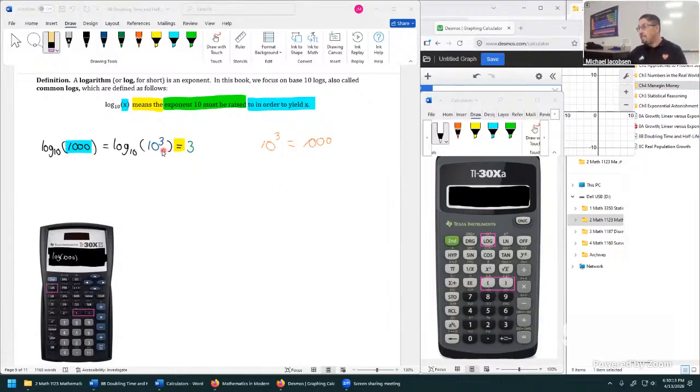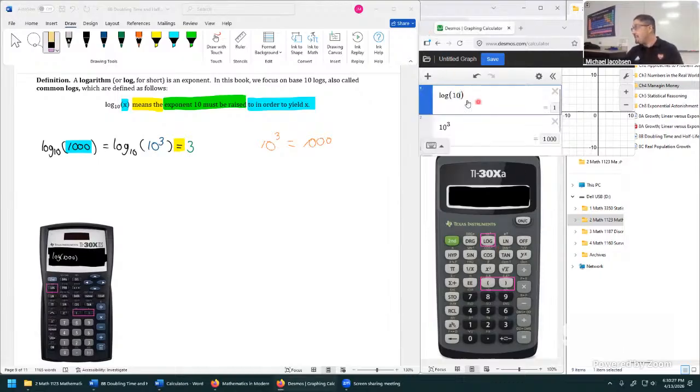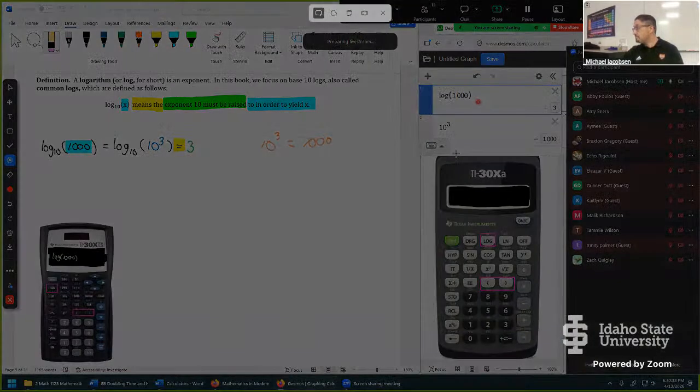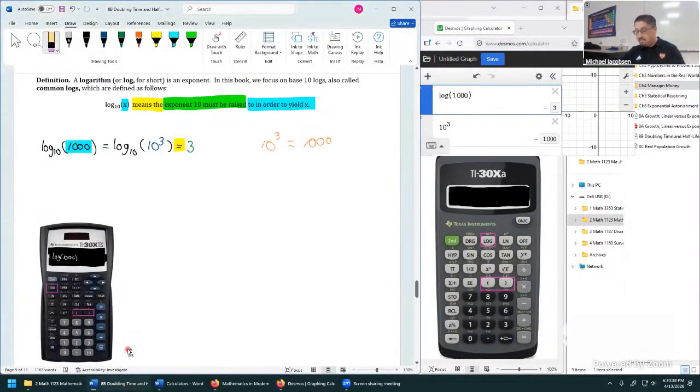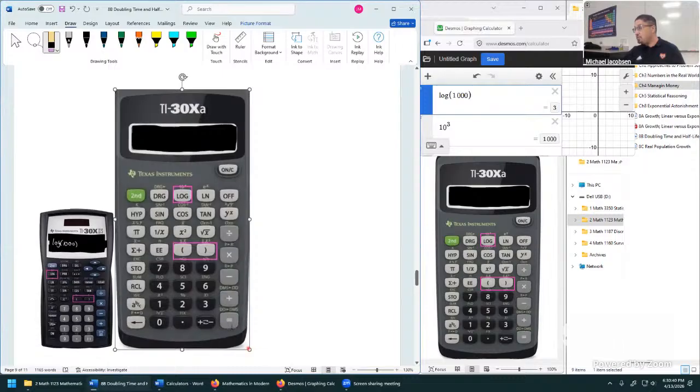So we work inside the input first, then work outside, just hitting the log button. If you work in those steps, you'll get a 3 as well. Either way you do it, you should get that log of 1000 comes out as exactly 3. So there's our second calculator. Any questions at all, folks, using this one here?